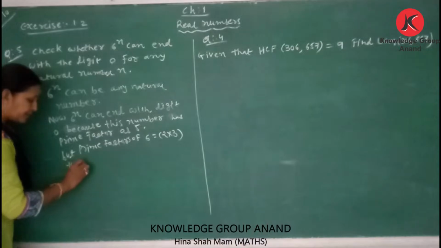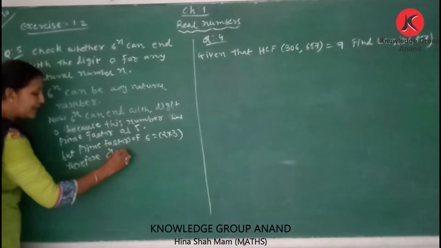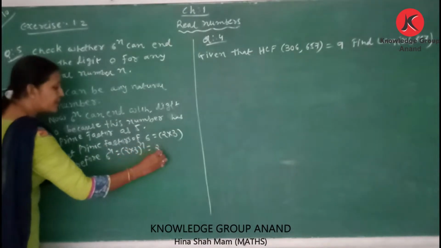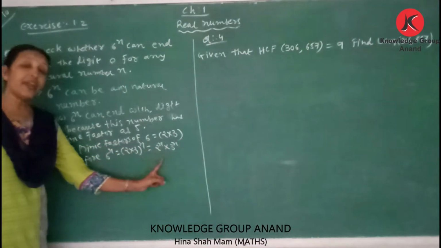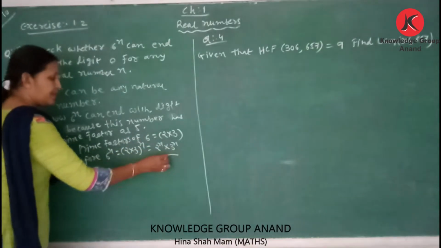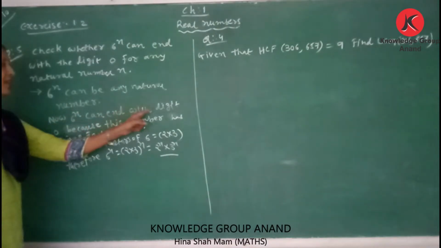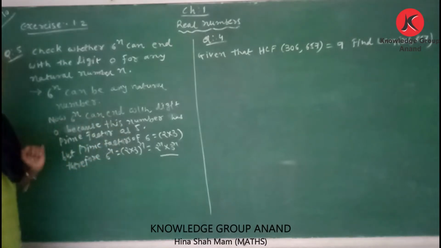Therefore, 6 raised to n is equal to (2 into 3) raised to n, which is 2 raised to n into 3 raised to n. Here 5 does not exist in these two numbers.